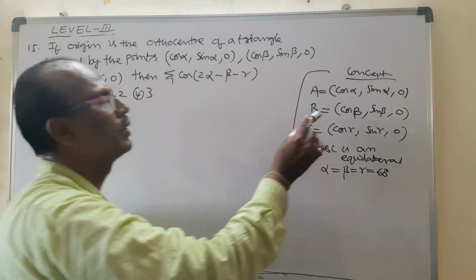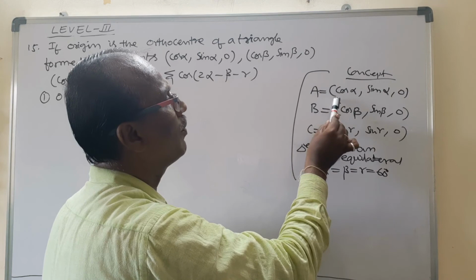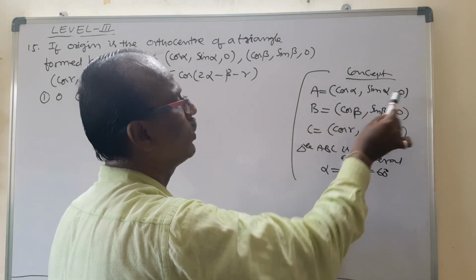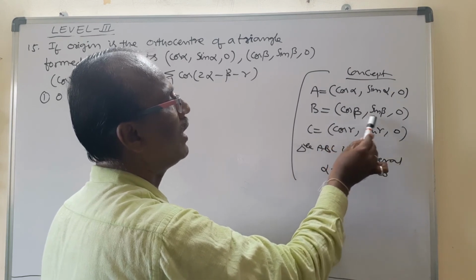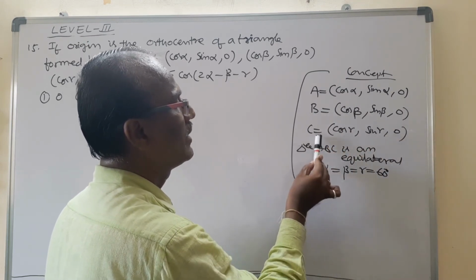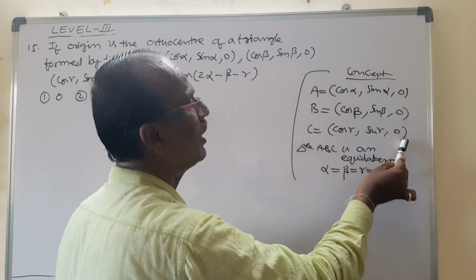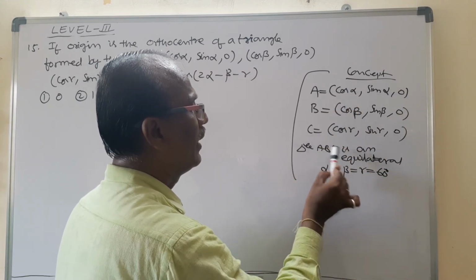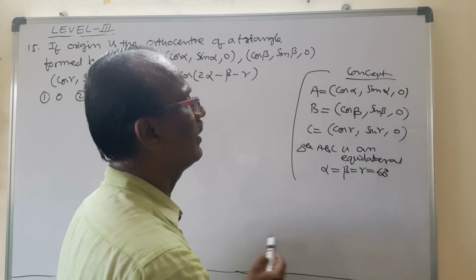Here one concept: if the vertices are in the form of capital A equal to (cos alpha, sin alpha, 0), B equal to (cos beta, sin beta, 0), C equal to (cos gamma, sin gamma, 0), these vertices form a triangle ABC that is equilateral.